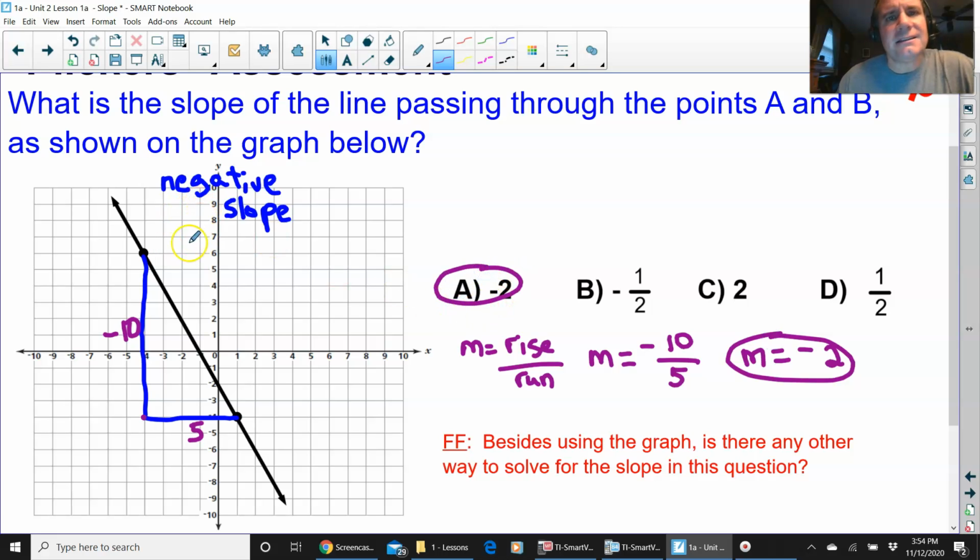Remember, as soon as I identified that this line had a negative slope, I could have canceled out C and D right off the bat, and A and B would be the only two choices left.